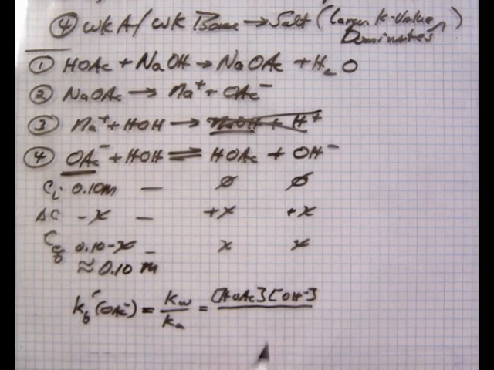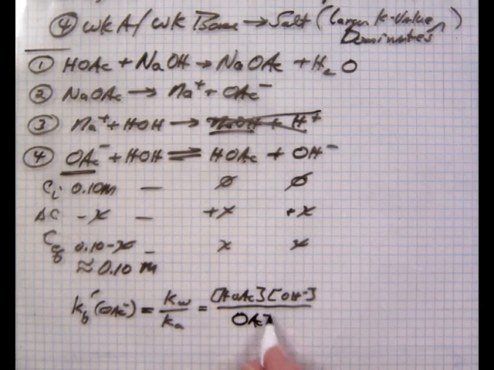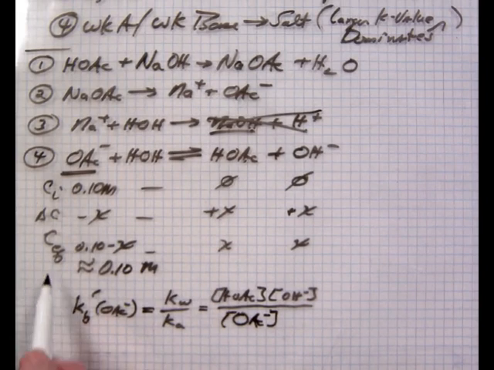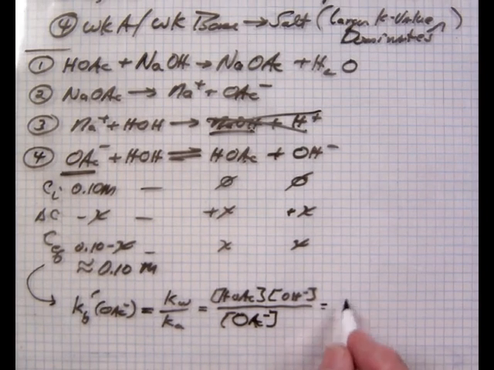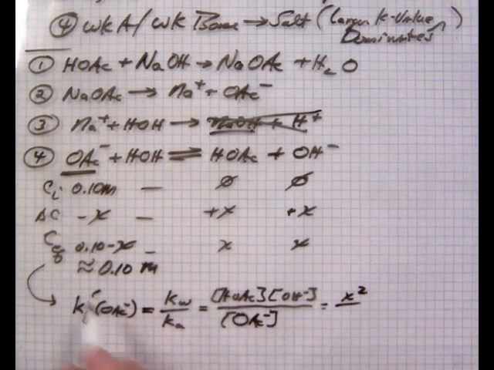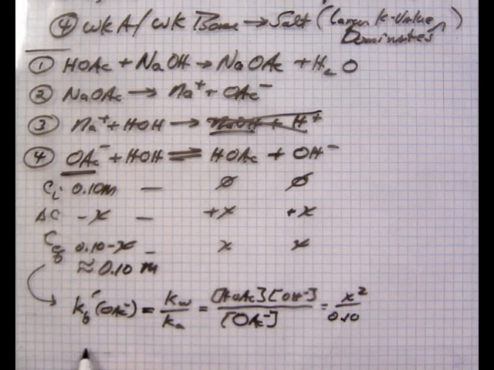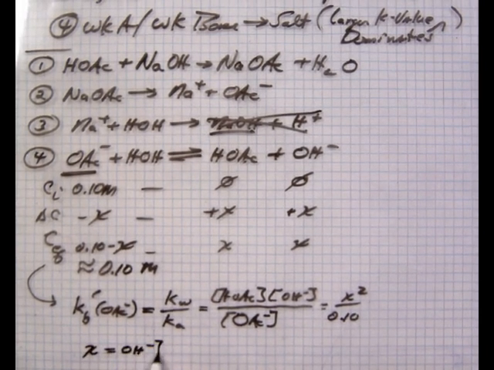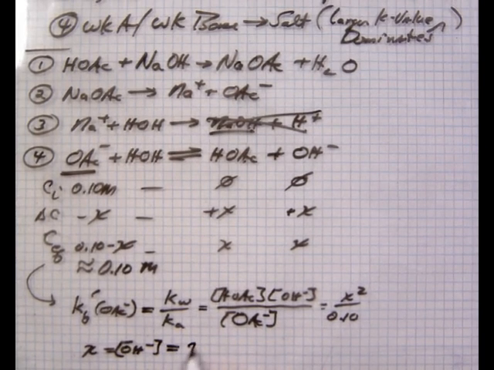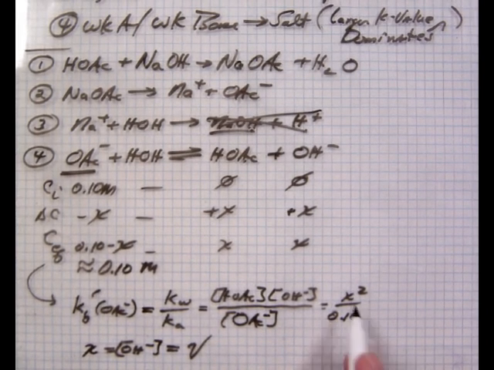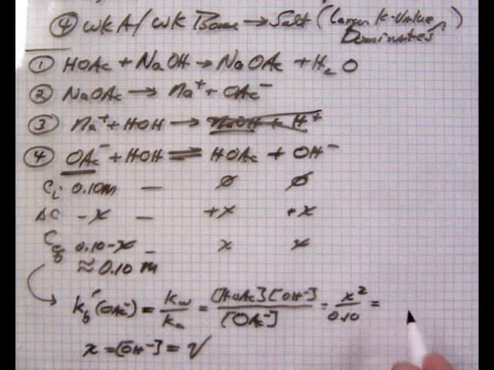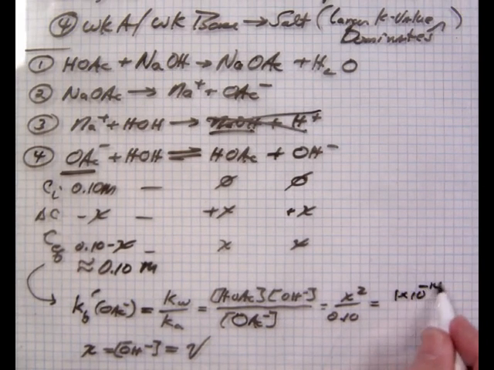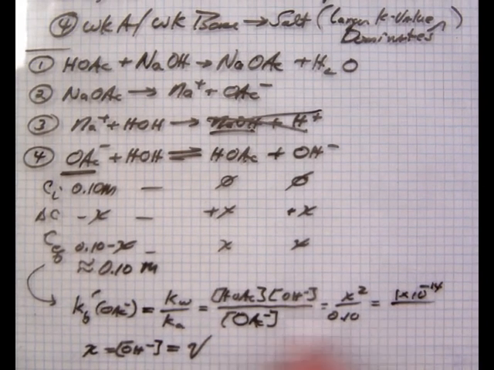Divided by, well, your salt, OAc minus. And then if we put the equilibrium row in, we have x squared over 0.10. Solving for x, which is the hydroxide, that would be 1 times 10 to the minus 14 over the Ka.